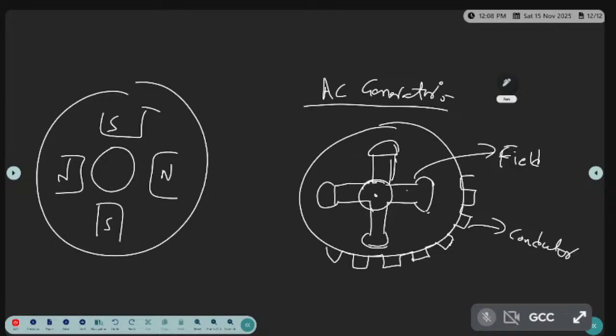I just interchanged their locations. The field is in the rotor, the conductor is in the stator. There is no commutator here. That is the difference between the DC generator and the AC generator.